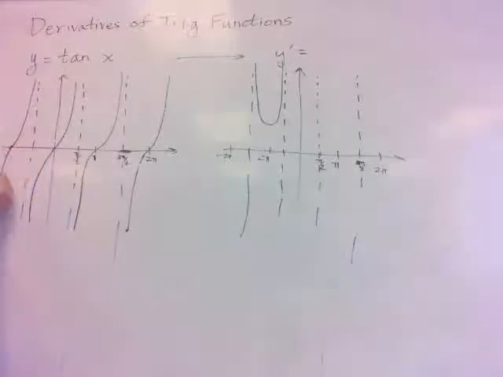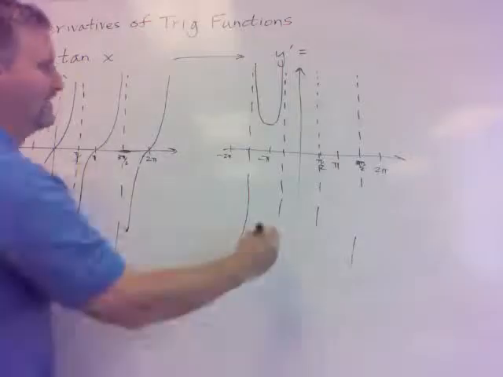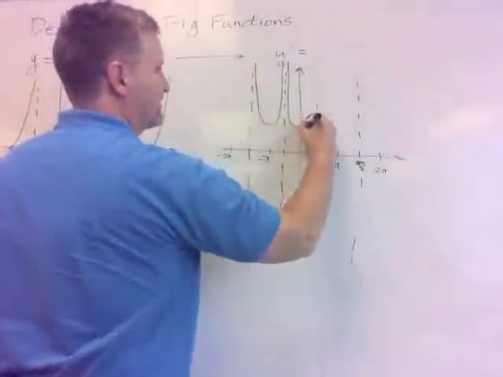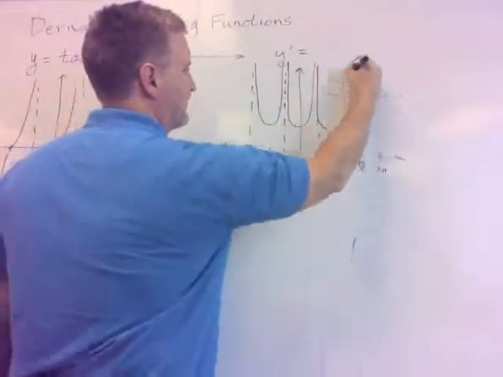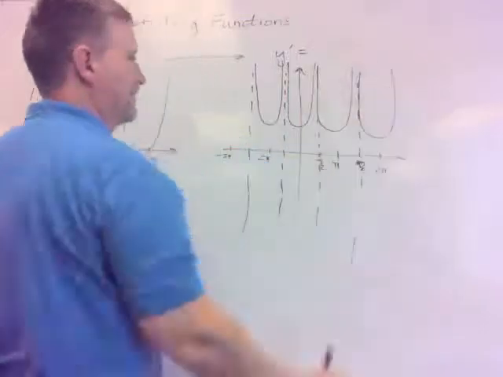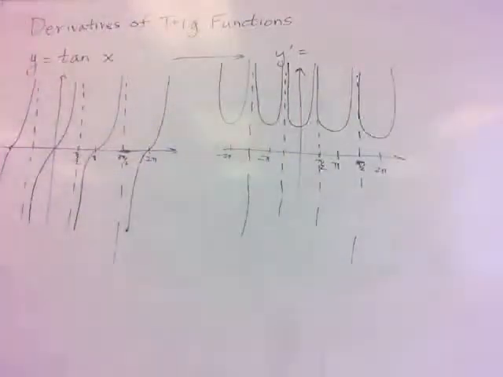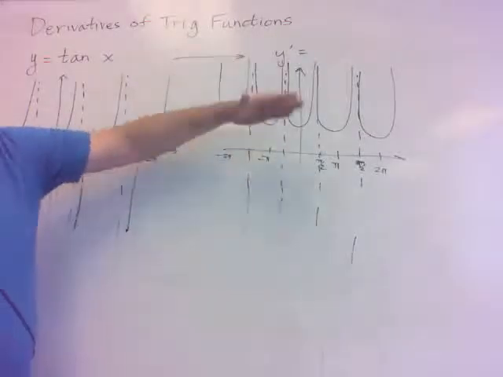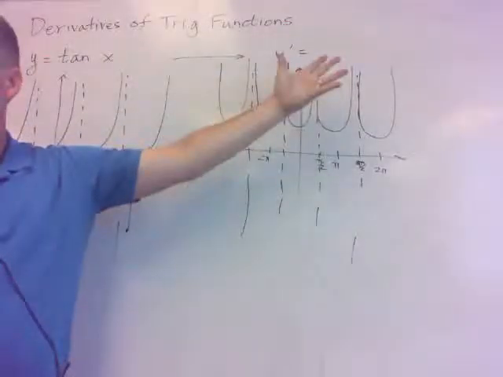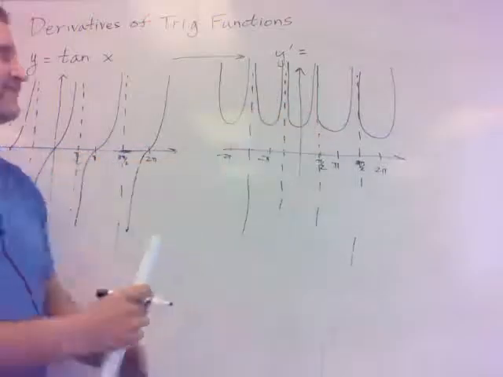Big positives, slightly less, less, big, bigger. Okay. So each one of these branches looks like this. So anyway, you wind up with this, which looks a whole lot like secant. However, secant, remember secant, it alternates up, down, up, down. This is secant squared.